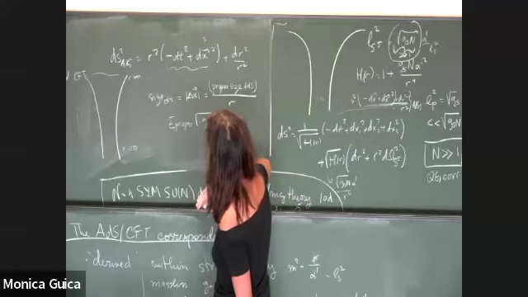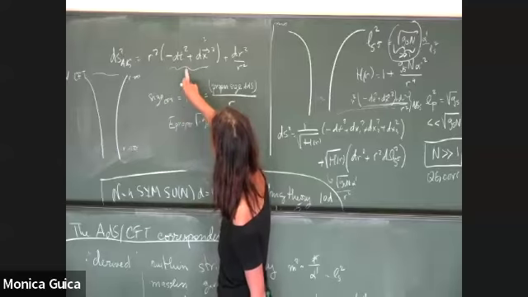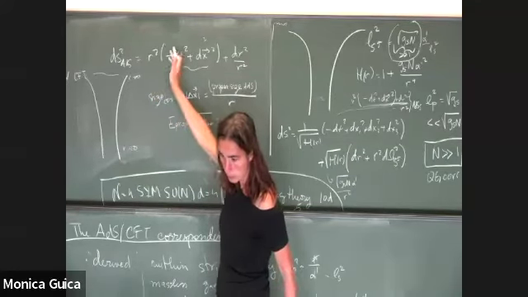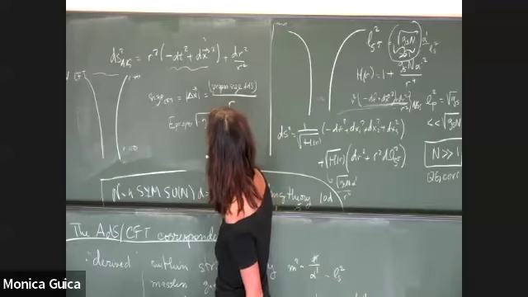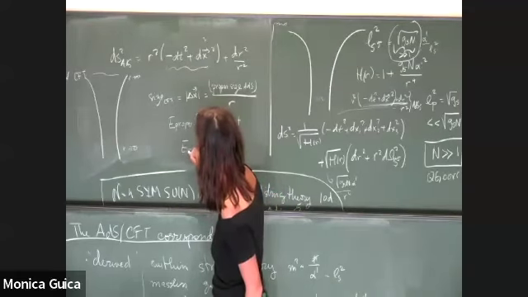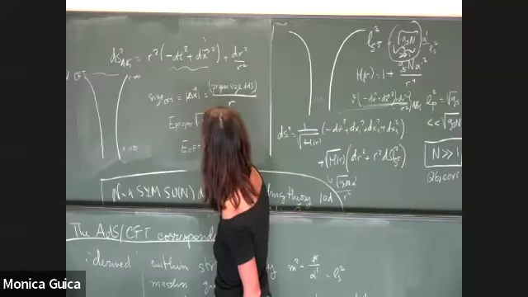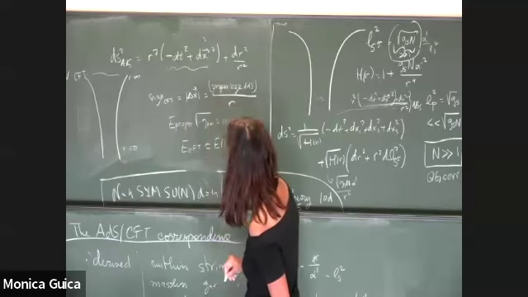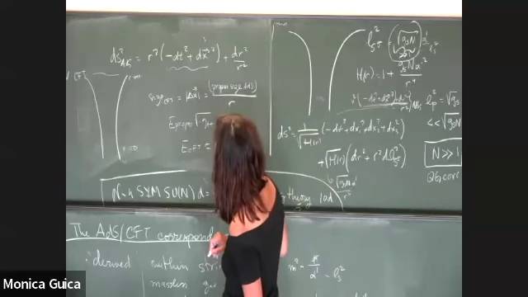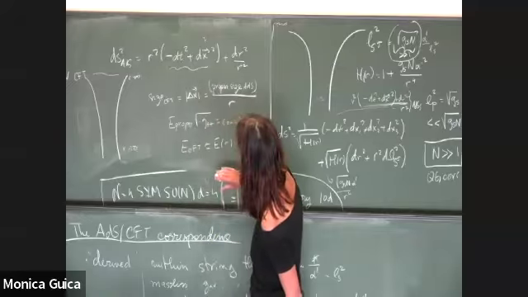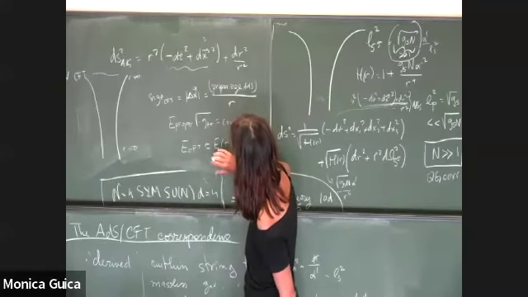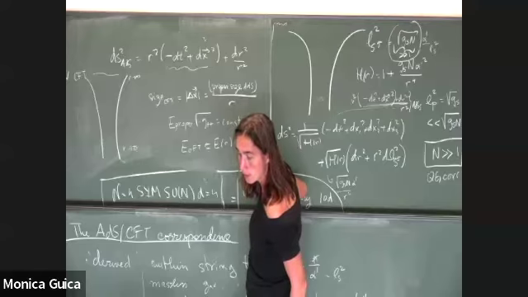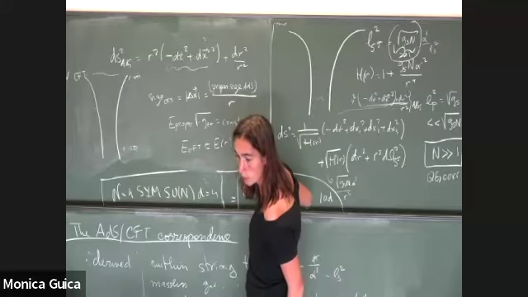So the CFT energy is going to be equal to the proper energy when r is equal to 1, because then I just get dt. So I get that E in the CFT is equal to E of r times r. So if I consider the same object in the bulk at different radial distances, the CFT energy is going to go to infinity when r is going to infinity.